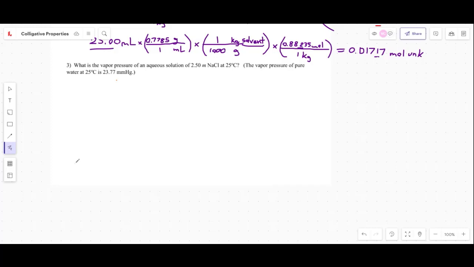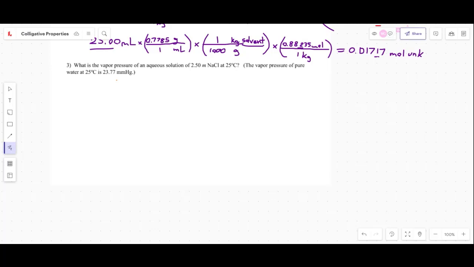Okay, the pen. So here we have a problem where we have to find the vapor pressure of an electrolyte, and they tell us the molality of this electrolyte.